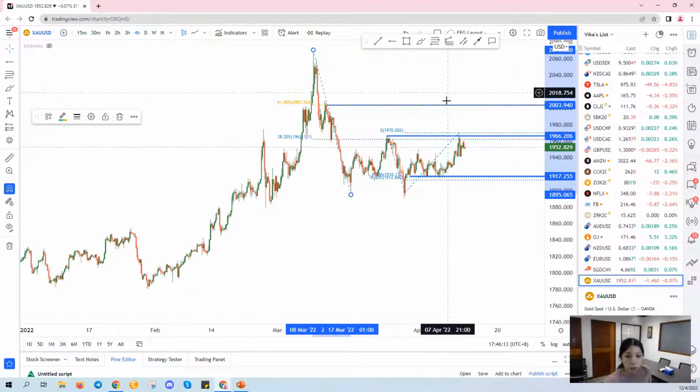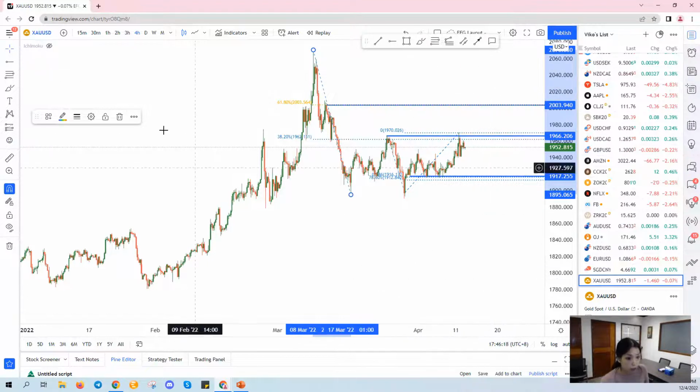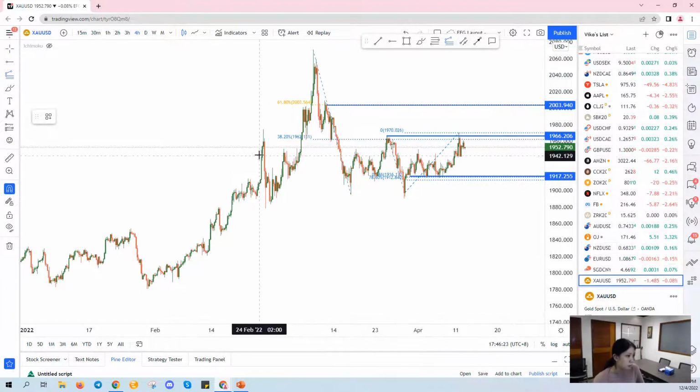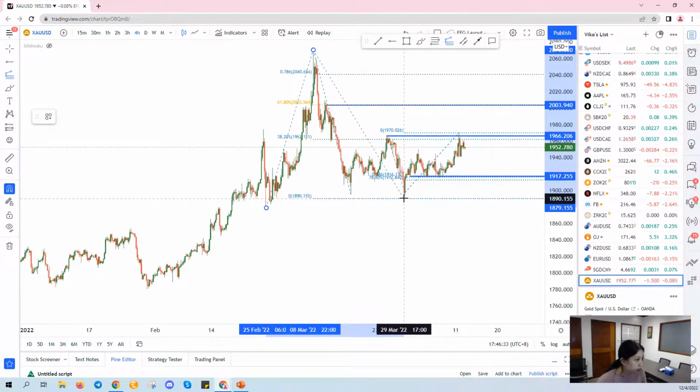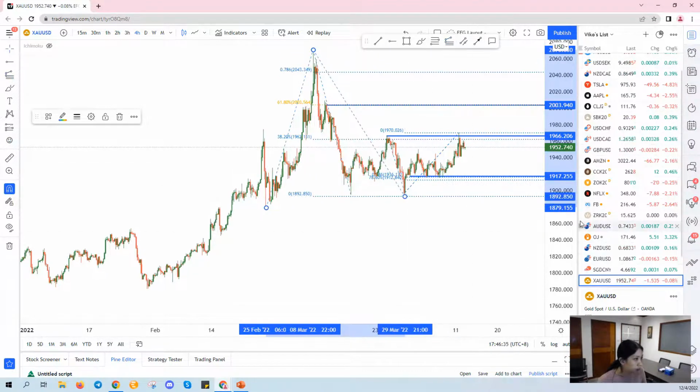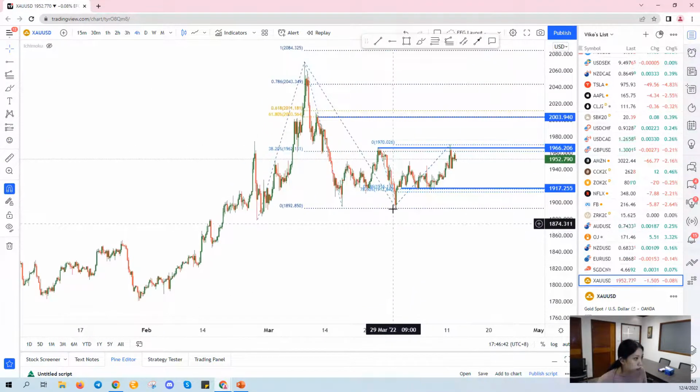The purpose of the Fibonacci projection is to project the next price. They have these 61.8%. This is a very good stop loss level.